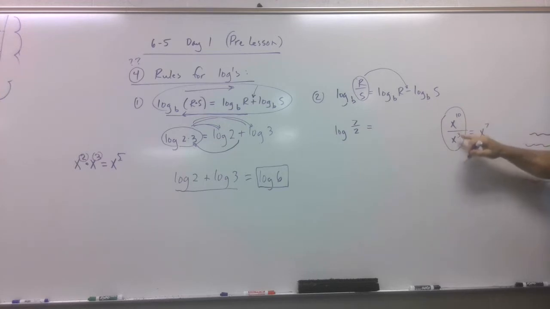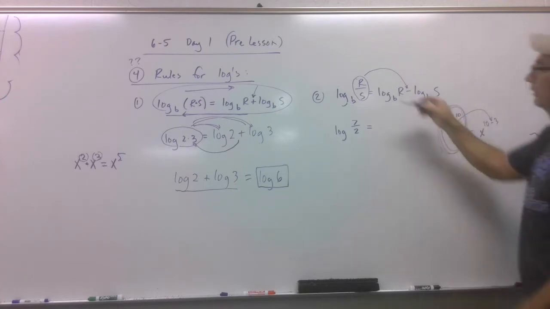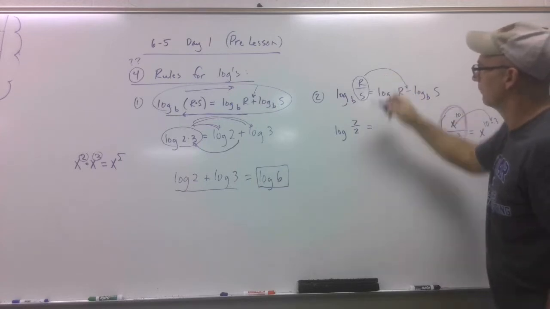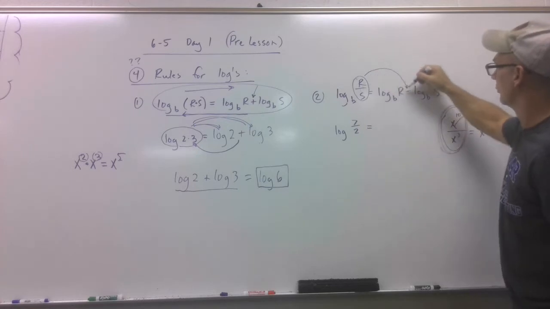X to the 10th over x to the 3rd equals x to the 7th. How did we get 7? 10 minus 3. So really, in a weird way, division problems equal subtraction. Same thing here. These 2 things are being divided. The wood splitter, division turns into subtraction.